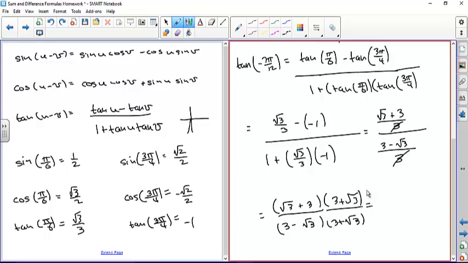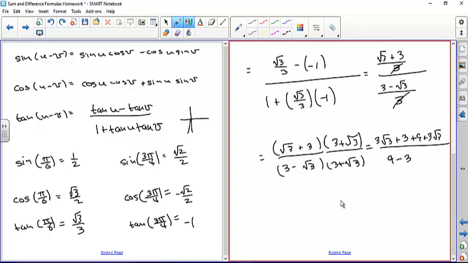So in the numerator we get 3 square root of 3 plus 3 plus 9 plus 3 times the square root of 3, all divided by 9 minus 3. And so in the numerator we have 6 times the square root of 3 plus 12 over 6, which is the square root of 3 plus 2. And that's positive, which is what we expected it to be.